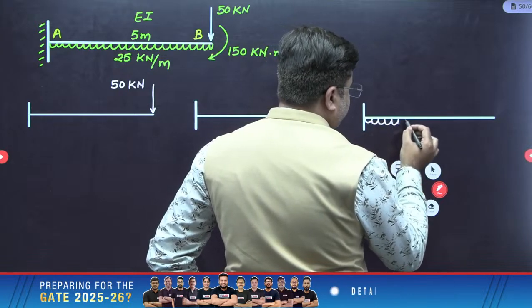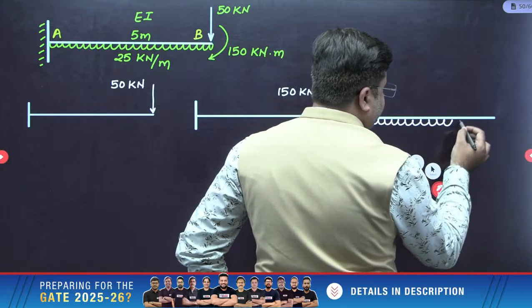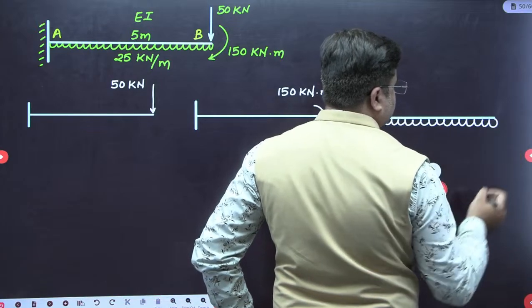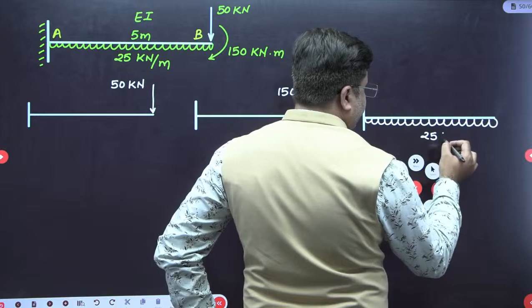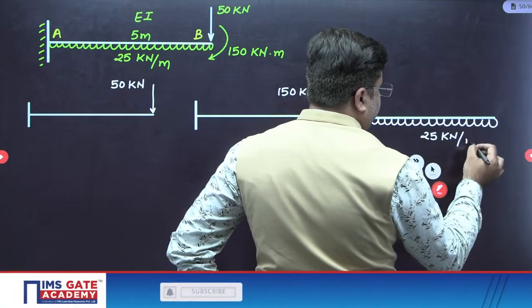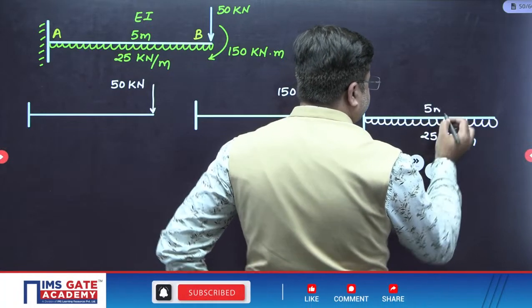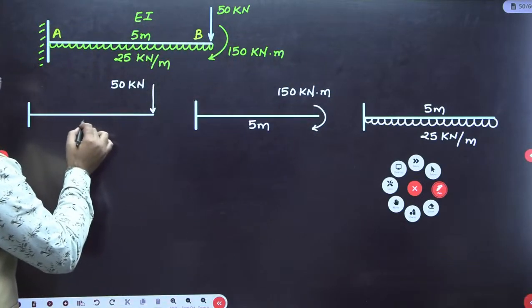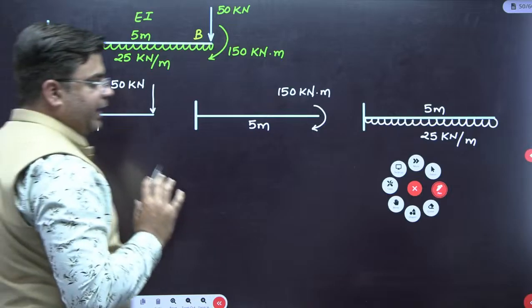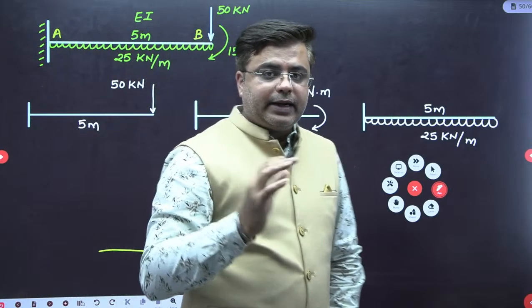When you are writing the effect, you have to take care of the signs also. This is 25 kilonewton per meter, and the length everywhere is 5 meter. This is termed the principle of superposition, where you take the combined effect of all the loads acting over the beam.